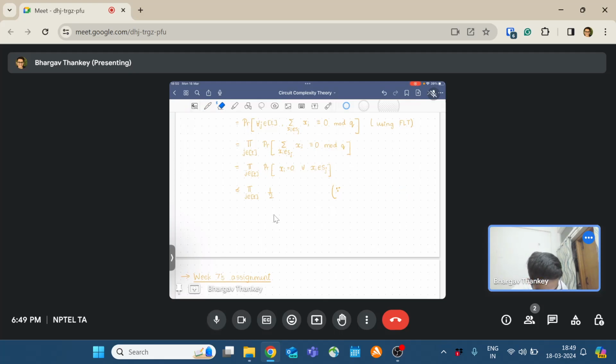Since the OR is one, there must exist an x_i star which is one, and this happens when that x_i star is not in S_j, but that happens with probability half because every x_i is in S_j with probability half, right?